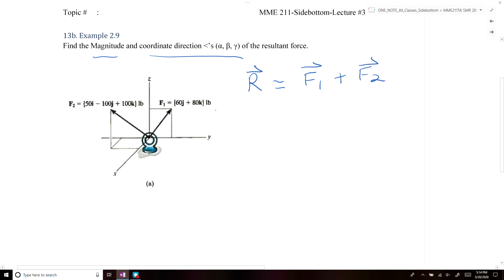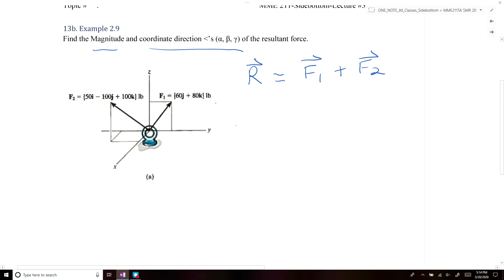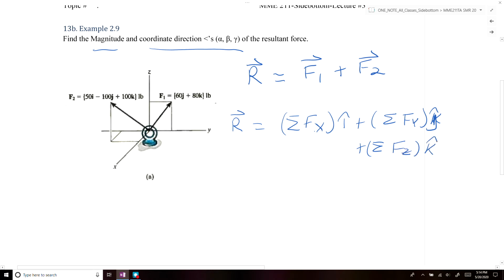Alright, very easy. So we can write our resultant force as the sum of all our x components of force 1 and force 2, plus the sum of all our y components, plus the sum of all of our z components times the unit vector k.